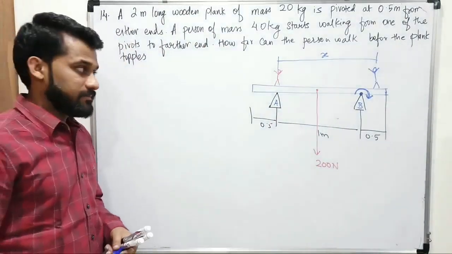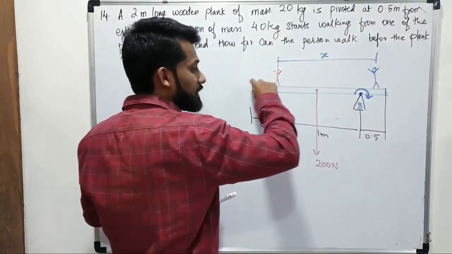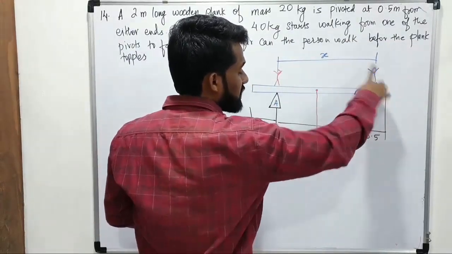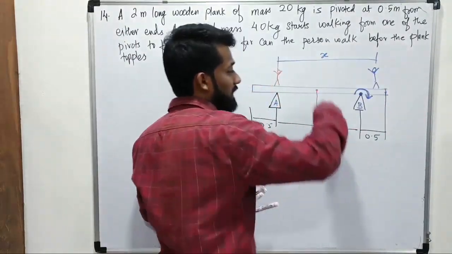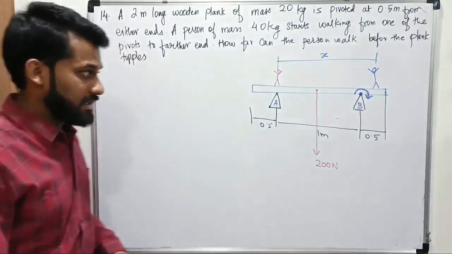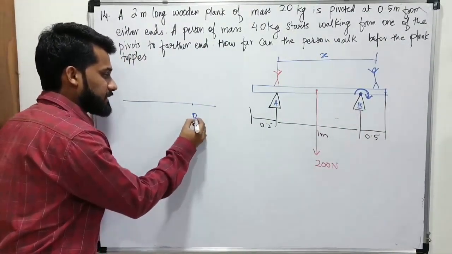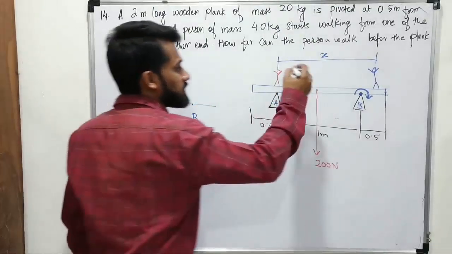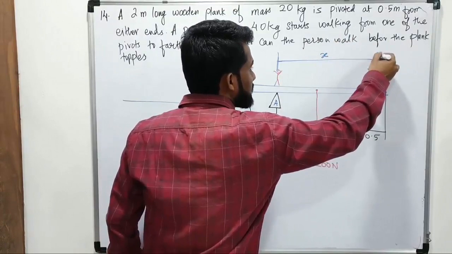It means when the person is at this particular location, the torque due to the person and the torque due to the weight will be exactly equal. See, I'll explain this using the force diagram. When the person reaches this position, he will cover distance x, right?